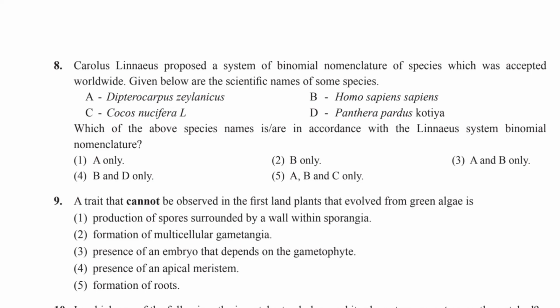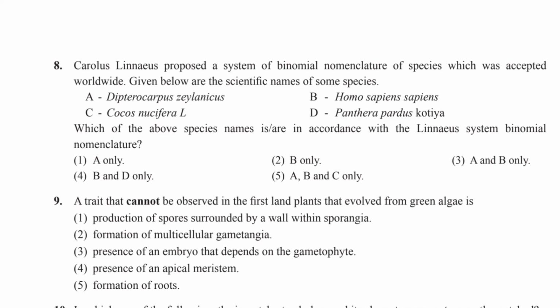What are the criteria? Mode of locomotion, reproduction, and presence or absence of red blood cells. Second one, Theophrastus, right? He classified plants according to habitat as trees, shrubs, and herbs, and according to lifespan as annuals, biennials, and perennials.